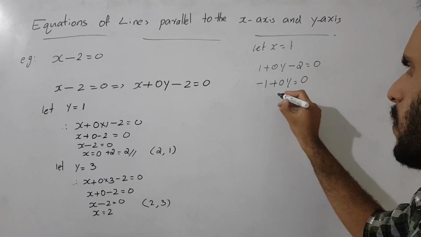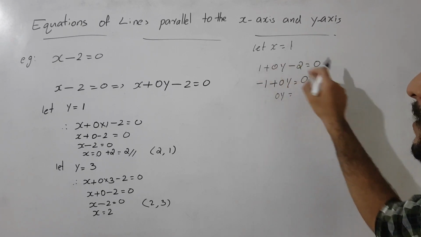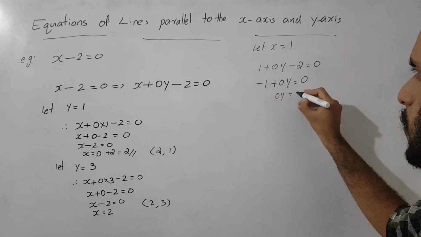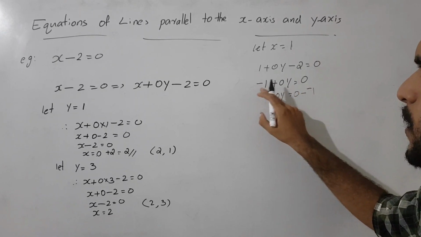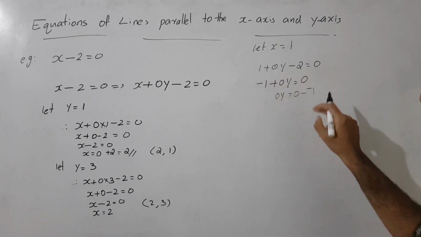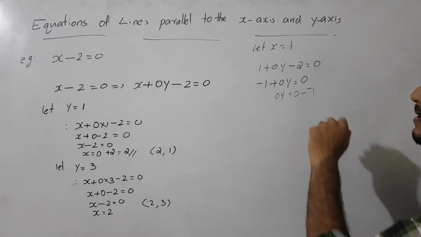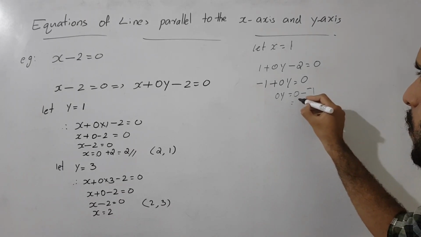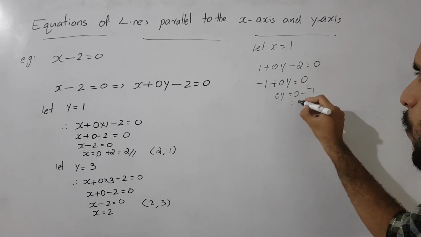Then 0y is equal to, we transpose minus 1 to this side, so we are adding: 0 minus minus 1. So 0y is equal to 0 plus 1, and 0 plus 1 is 1.